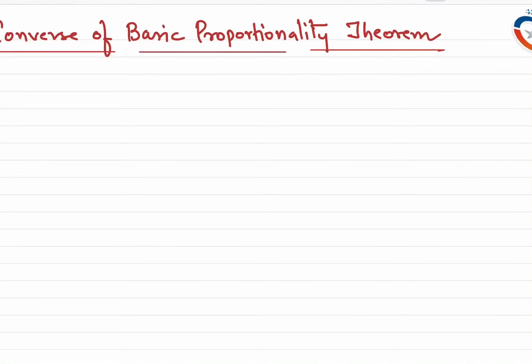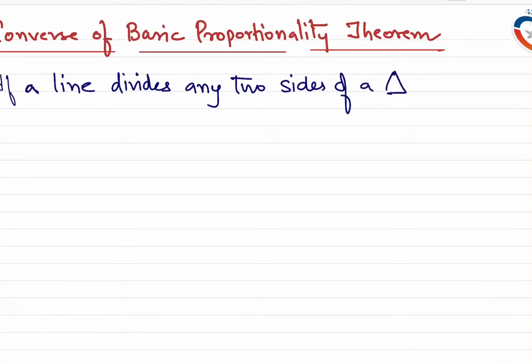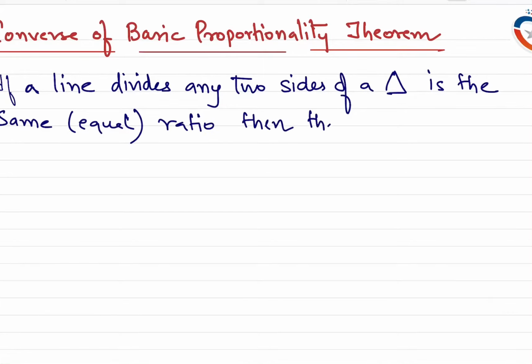In short, okay. So the actual statement says if a line divides any two sides of a triangle in the same ratio, or equal ratio, then the line is parallel to the third side.